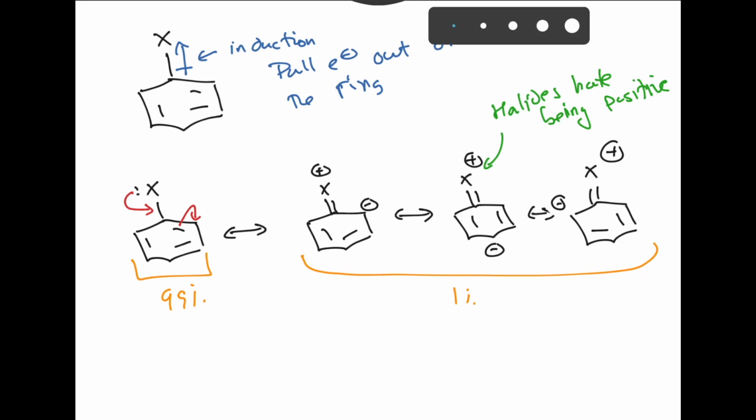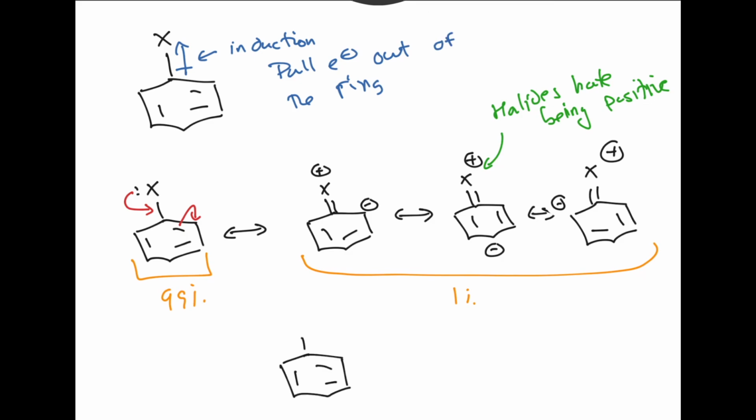But that little bit of resonance that it does give, that little bit of electron density, you do end up with your halide making these carbons really teeny tiny, teeny weeny negative charges, right? In that slight difference, just that little bit more extra negative charge on the ortho and para position is enough to make it so when there's an electrophile, the electrophile is like, oh, ortho and para, those are slightly more negative than the meta position.